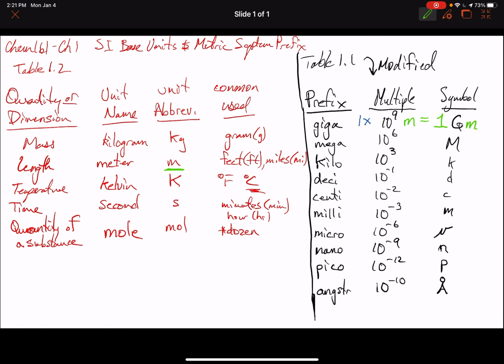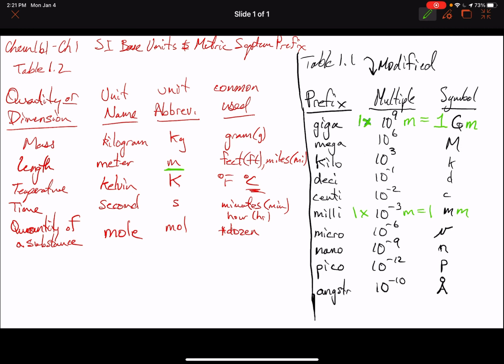So there we have our first identity. 1 times 10 to the 9 meters is equal to 1 gigameter. Okay, so we can continue that pattern down the way here and do a couple more examples. Let's jump down to the millimeter. 1 times 10 to the minus 3 meters is equal to 1 millimeter.